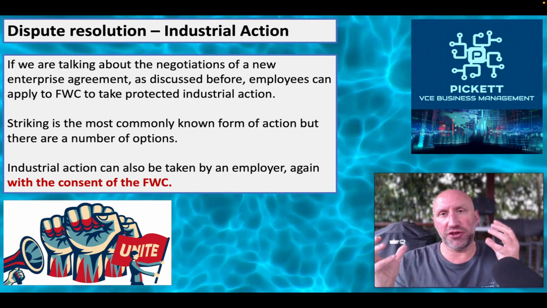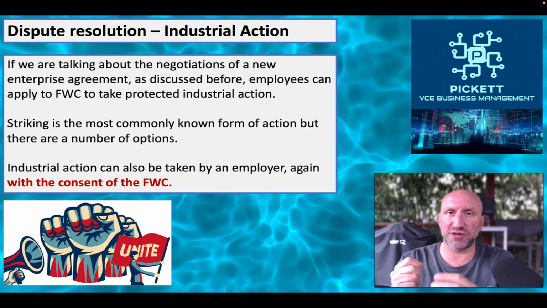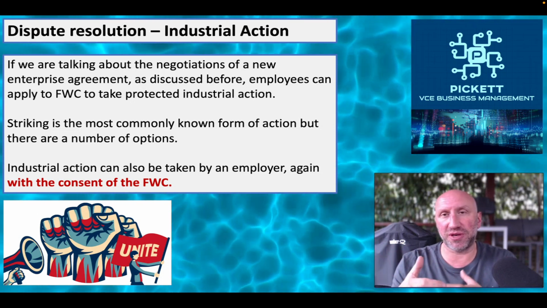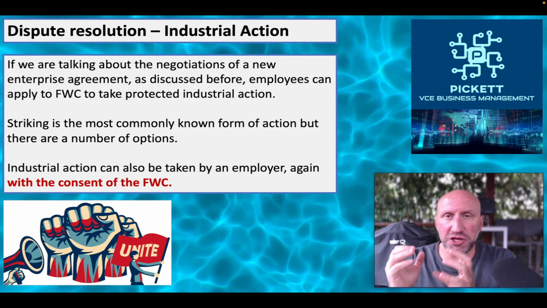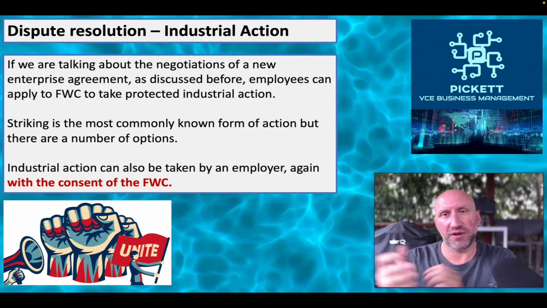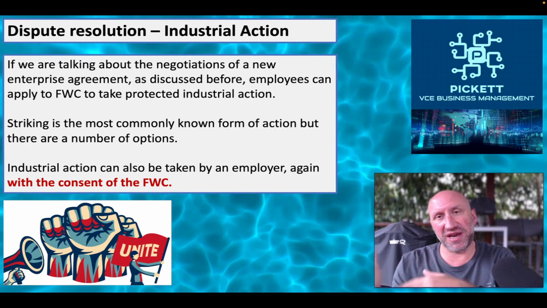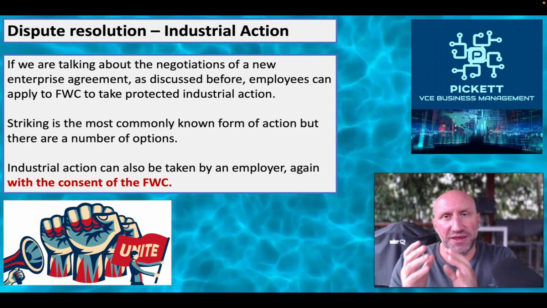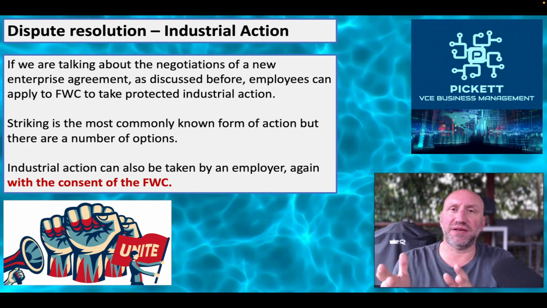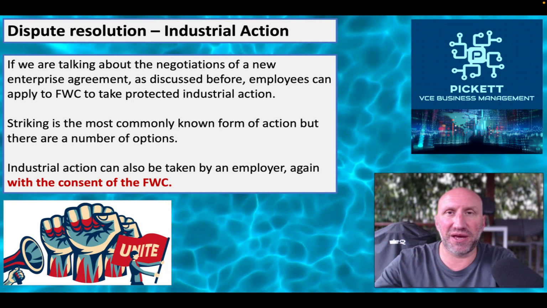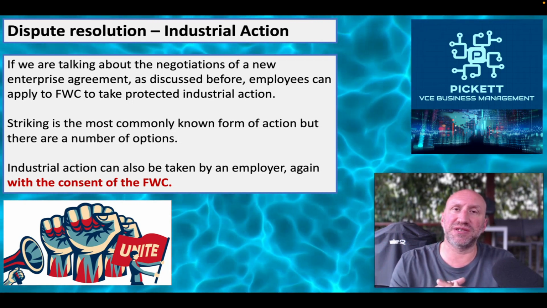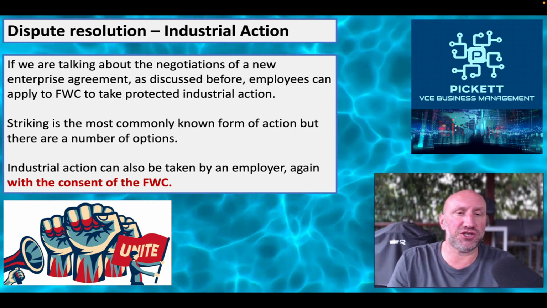So if the two parties, the employers and the employees, and again, it's usually the unions involved in this process opposed to the employees themselves, cannot agree over the pay conditions for the next enterprise agreement, then what will often happen is we just can't reach an agreement, and then one side will take industrial action to kind of further their position in that negotiation process. But they cannot do this without the consent of the Fair Work Commission.